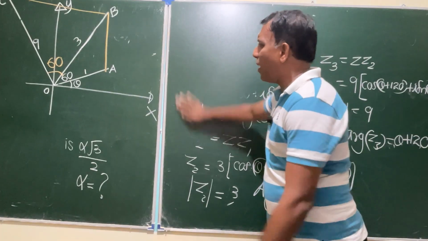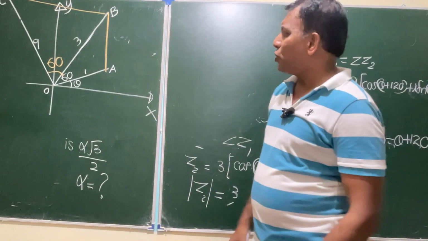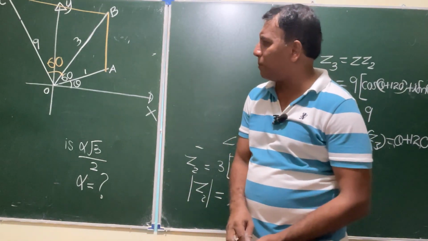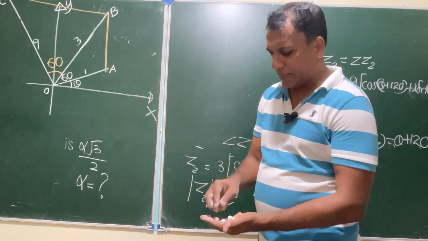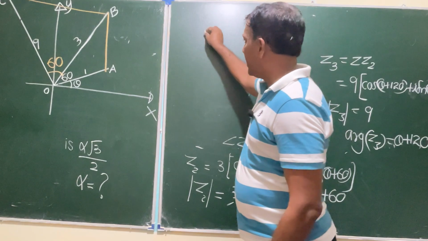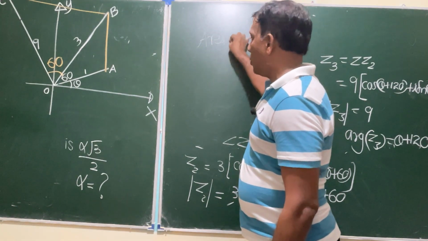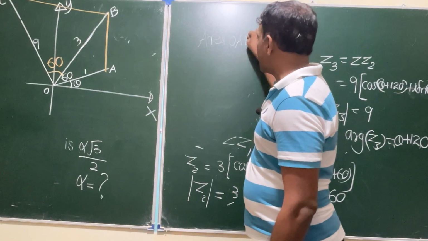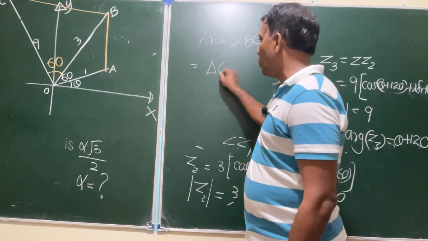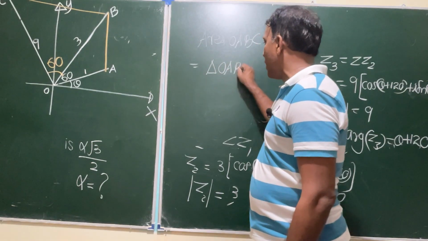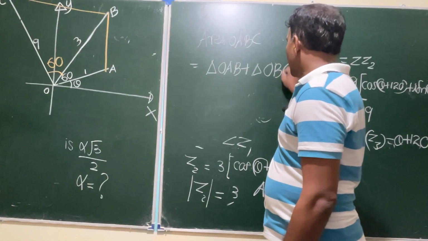Any method to find this quadrilateral area? That's not a rectangle, that's not a trapezium, no idea, but two triangles, yes. So see the method: area of OABC equals, can I take two triangles? Area of OAB plus area of OBC.